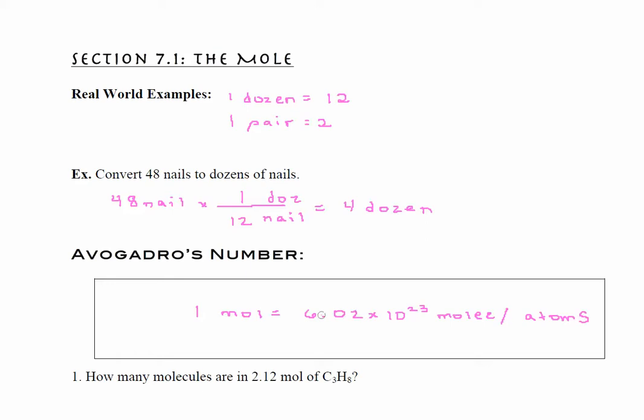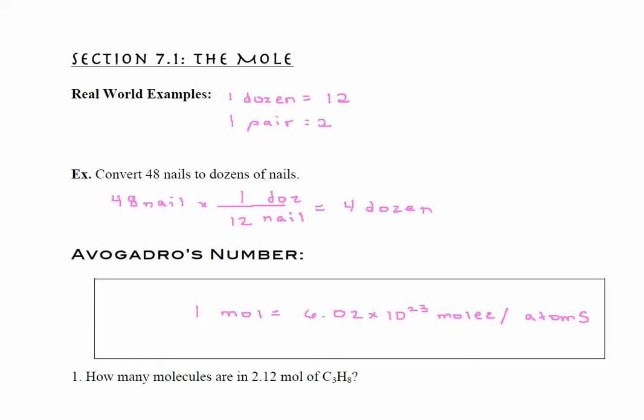So if you think about this, this is 602 with 23 zeros behind it. So 1 mole has a lot of molecules or atoms in it. But this is nice because now, rather than having a huge number of molecules, I can say, okay, I've got this many moles.